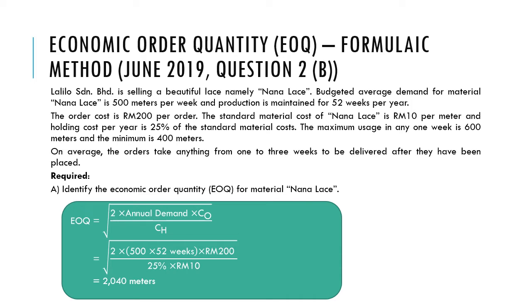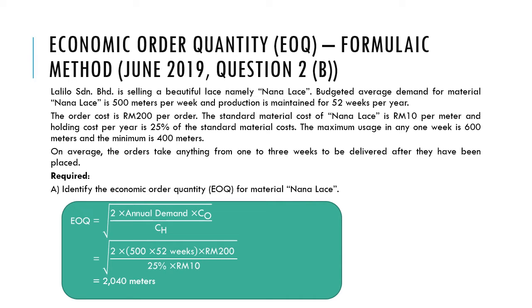We go to June 2019, question number 2B. So again, please go through your past year questions. Lalilo Sdn Bhd is selling a beautiful lace, namely Nana lace. Budgeted average demand for material Nana lace is 400 meters per week, and production is maintained for 52 weeks per year.